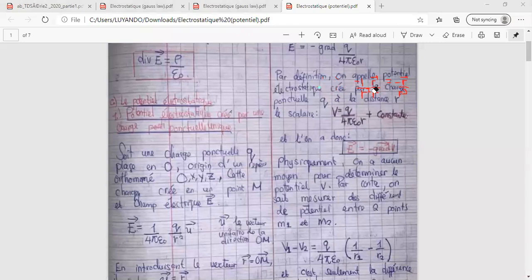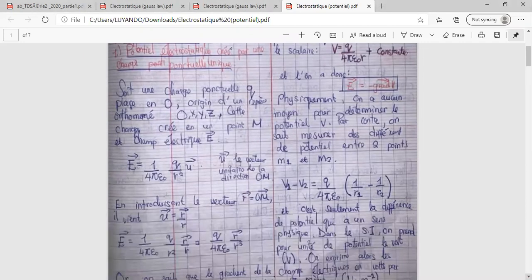Okay, so we move from here. I was explaining that physically we do not have the absolute potential, maybe they tell you to find the potential, but you can measure the difference in potential between 2 points, which is what I was saying here. We're still saying that our constant is equal to 0 in this case.